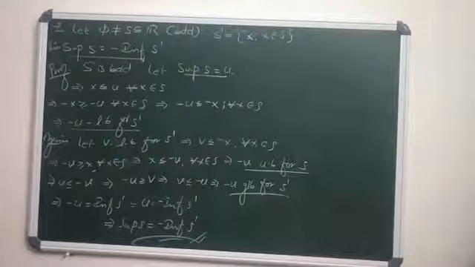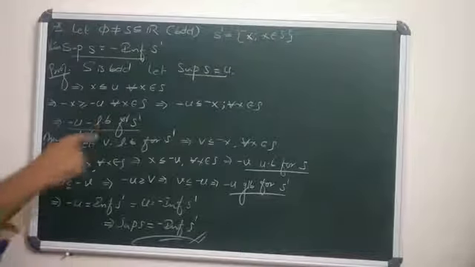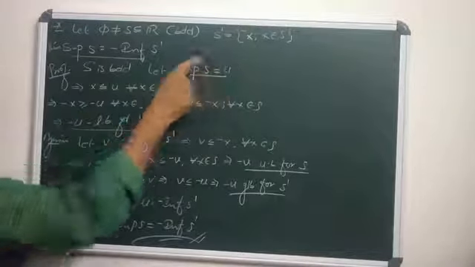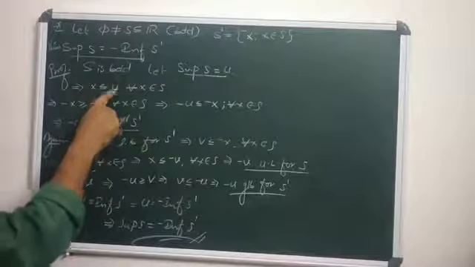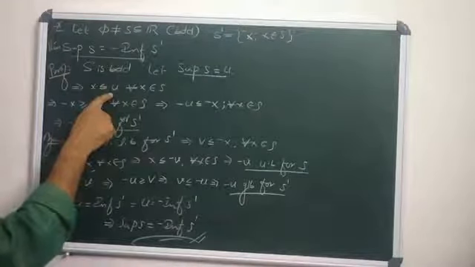So if S is a non-empty subset and S dash is constructed such that S dash equals the set of all minus x for all x in S, then the supremum of S equals minus the infimum of S dash. Clear? So here the supremum of S is U. That means x less than or equals U for all x in S by the definition of upper bound.